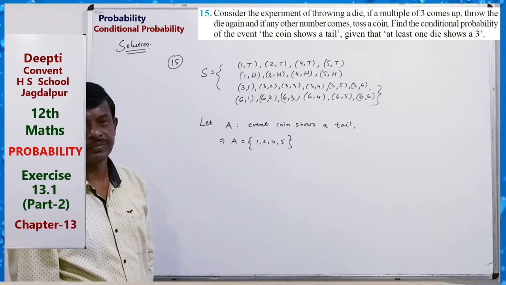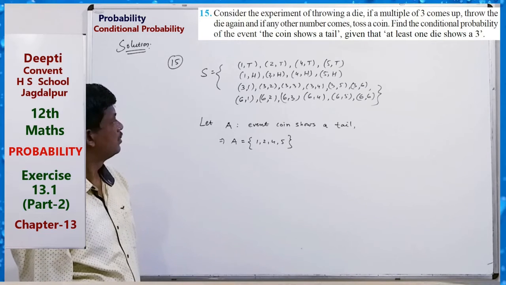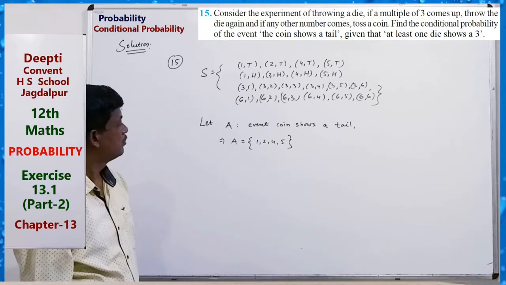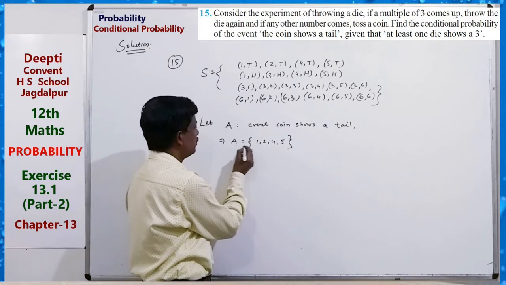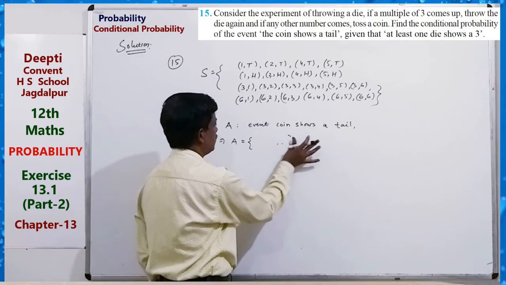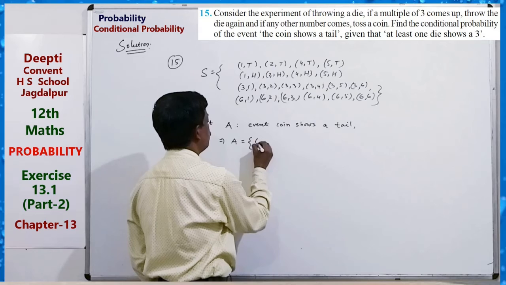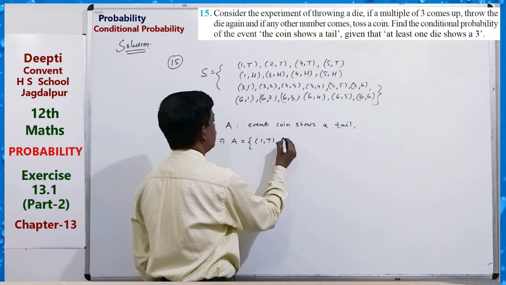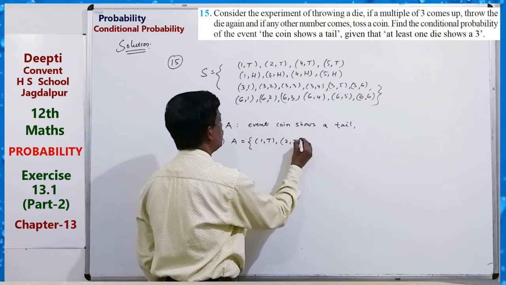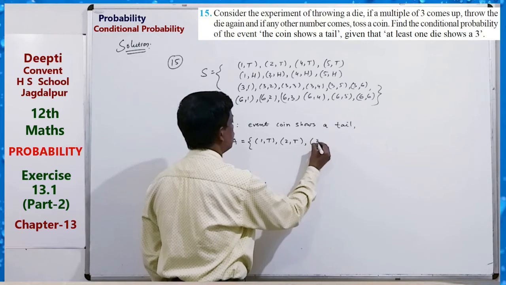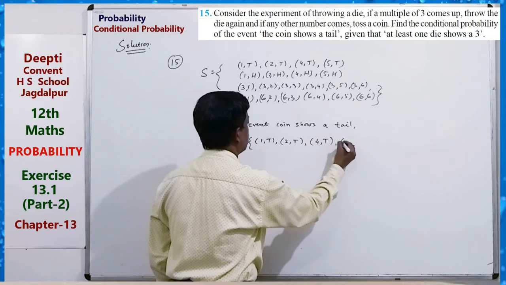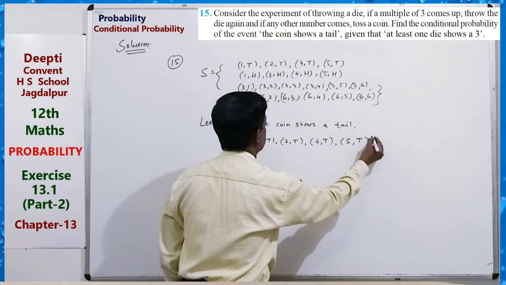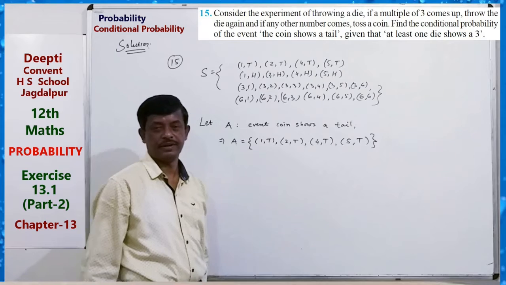Clear? One T, two T, 4T and 5T. This is an event.